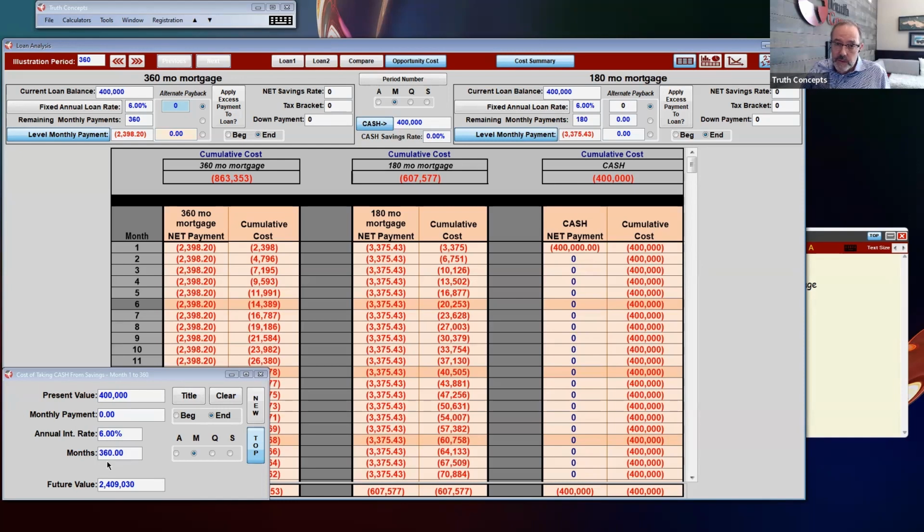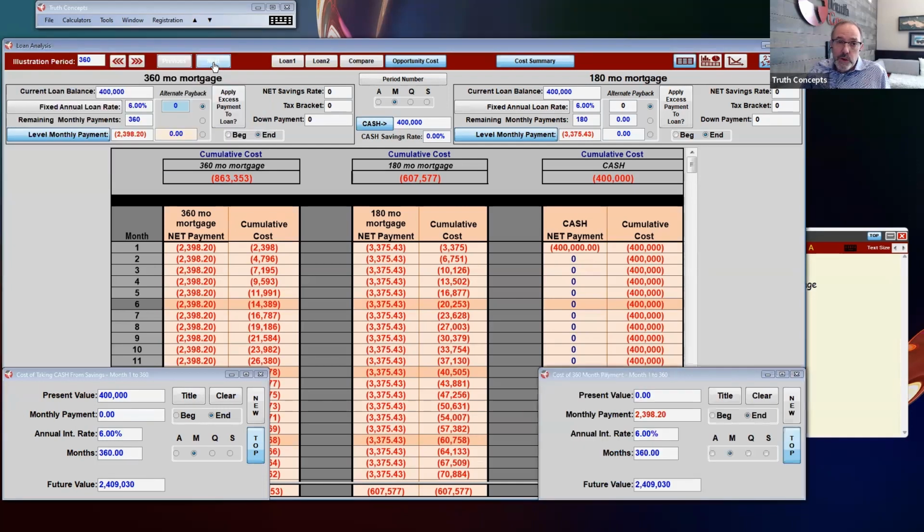30 years. But if we were to do that, we would free up that $2,300 payment we're making to our mortgage company. What's interesting is if we paid the house off and we funneled the $2,300 we're no longer having to pay to the mortgage company into the same account we pulled the $400,000 out of, at the end of 30 years, we'd have the same $2.4 million in there.